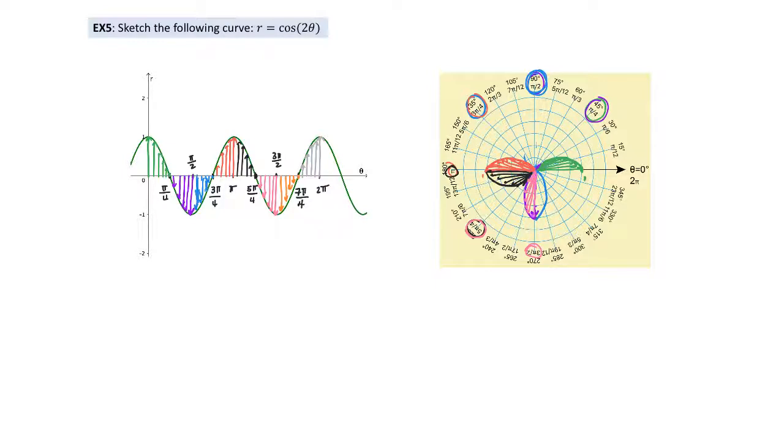So right here. Notice how we have traced through this portion here, but now we're going to go ahead and do the reflection. So 5 pi over 4, tracing over here, will correspond to this area right here, and 3 pi over 2 corresponds to this area right here.